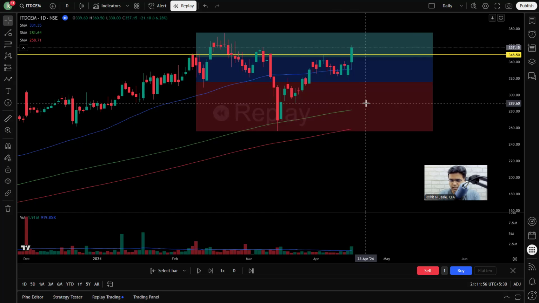Simple rules: blue, green, red, 10 candles, 4 points. The only thing that you need to learn is being selective and understanding which stock to buy in what market condition. I would not have bought this stock in a tough market condition. In a lenient market condition, I would have definitely bought this stock. So you understand the level of discussion that I'm making on this channel now.